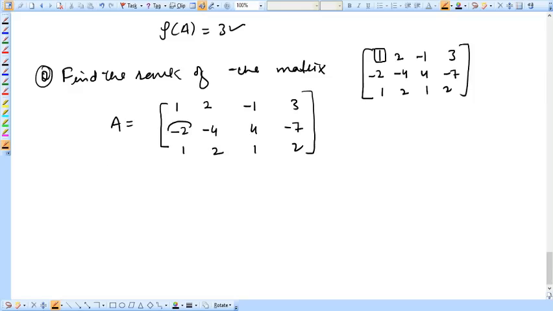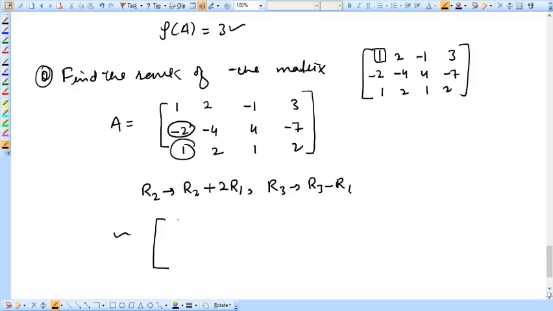If you want to make this element 0, we have to apply the operation on row 2: R2 plus 2 times R1. To make this element 0, we apply the operation on row 3: R3 minus R1. In this way you get an equivalent matrix.